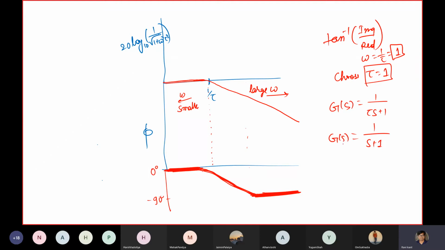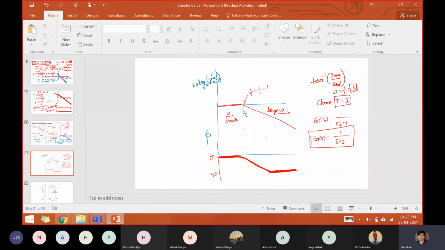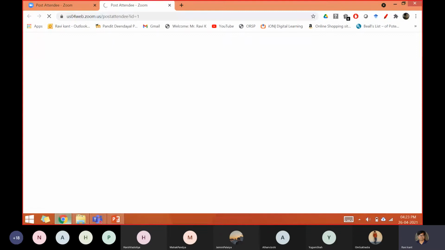Now let's plot G, s plus 1, and see how it looks, and you will find that your corner frequency turns out to be 1 upon tau, which is 1. At 1, things will change. Okay, so let's open our Octave Online.